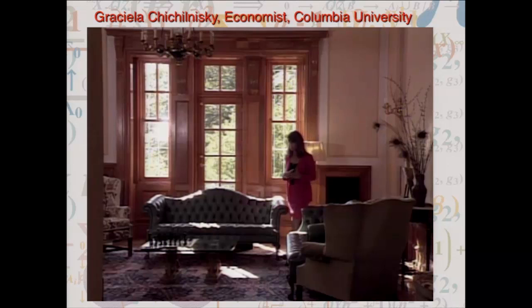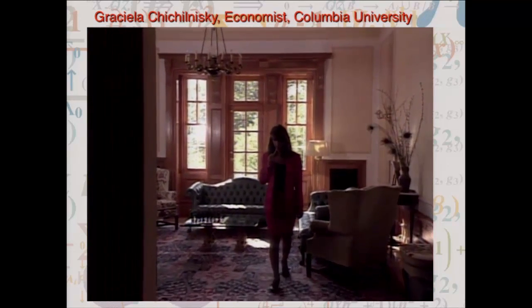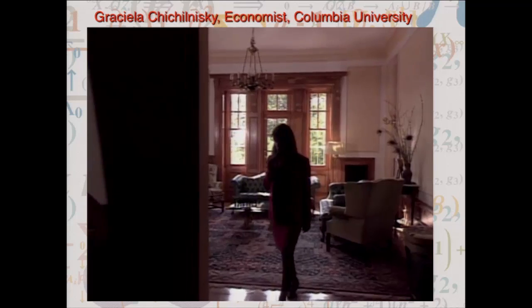Today, Chichilnisky and others believe that we're heading into a new age. Now the industrial society is becoming a different type of society. And this different society I call the knowledge society. And this transition that we're going through, I call it the knowledge revolution.